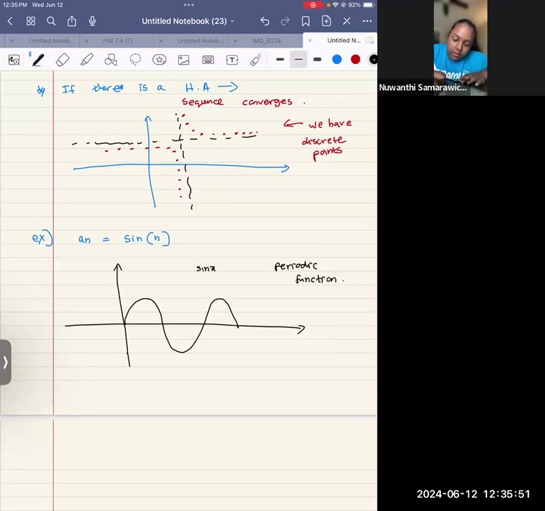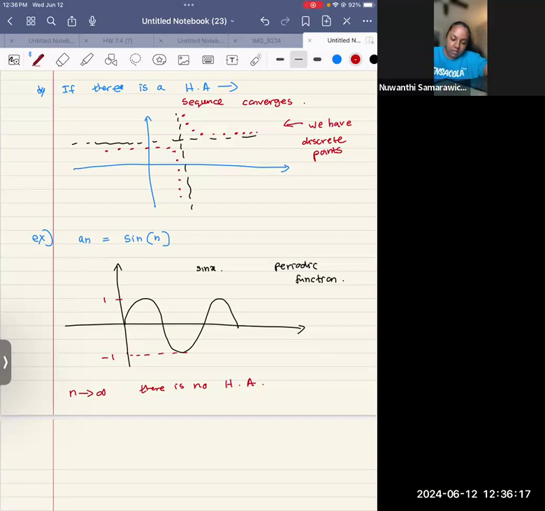This is sine x. Here this is 1, and here this is -1. When n approaches infinity, there is no horizontal asymptote, because sine x can be 1 or -1.